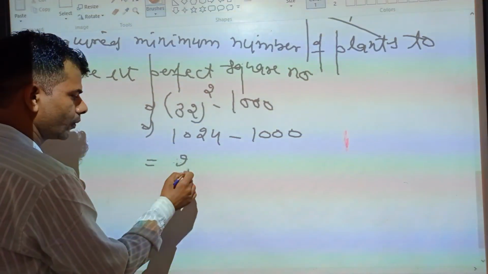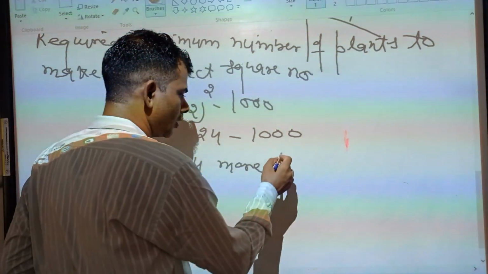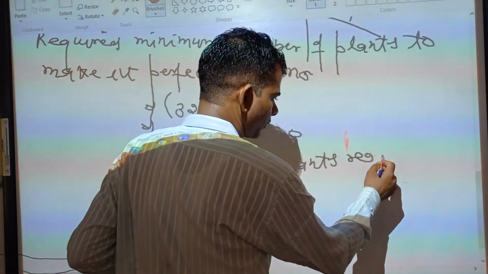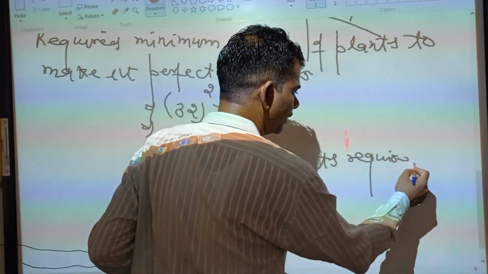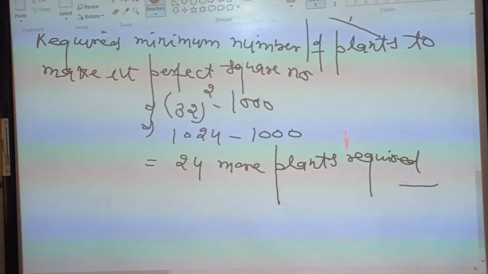So 24 more plants required. समझ में आया कि नहीं आया? Yes, sir. Yes, do it fast.